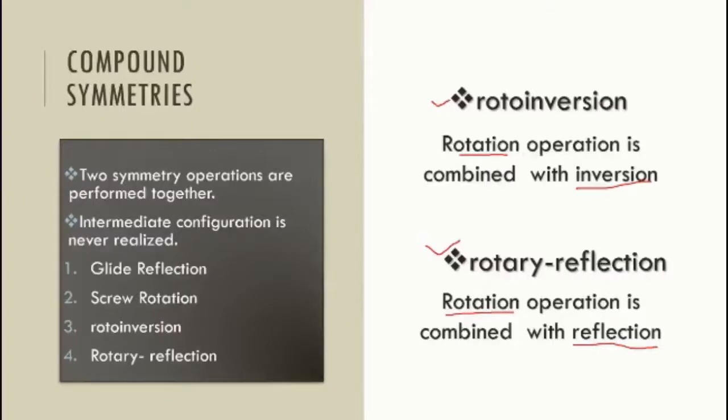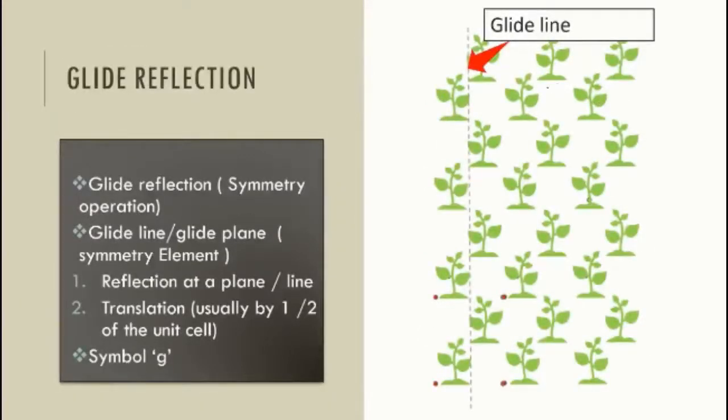The first one is glide reflection symmetry operation. Consider this wallpaper. In this wallpaper, motifs show translation, but they are not only translated, simultaneously they are mirrored when going from one motif to another. This type of symmetry relation is described by glide reflection.